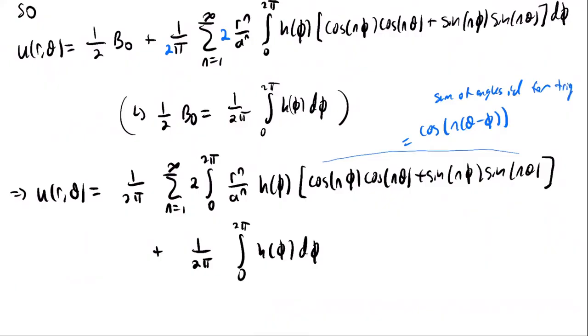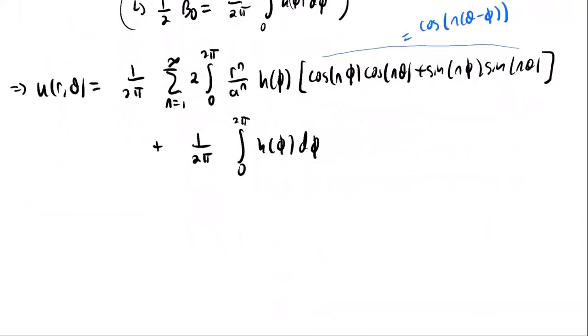Right, and so I can finally write u of r theta as 1 over 2 pi times, or let me switch the order of the integral and sum, excuse me. So it's the integral from 0 to 2 pi, 1 over 2 pi.